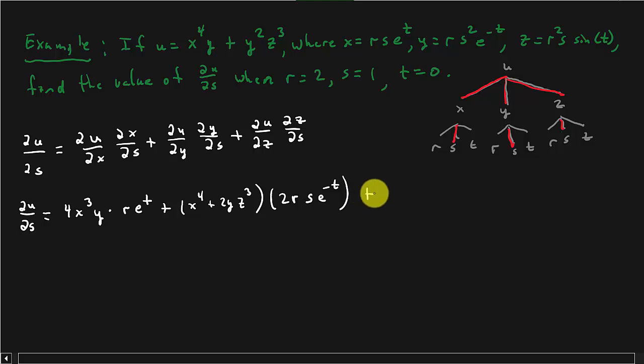And then that's going to be plus the partial of u with respect to z. So that's going to be 3y squared z squared times the partial of z with respect to s. So that's going to be r squared sine t.